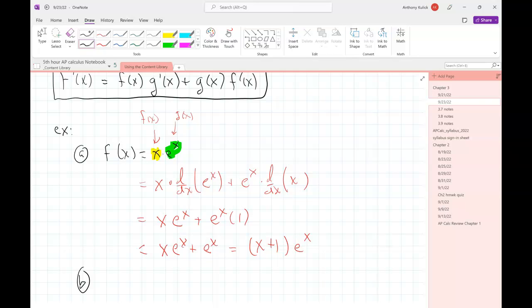What if I wanted the second derivative of that? I wrote two versions of my answer here. Which one would be the better one to use if I'm going to take the derivative of it again?